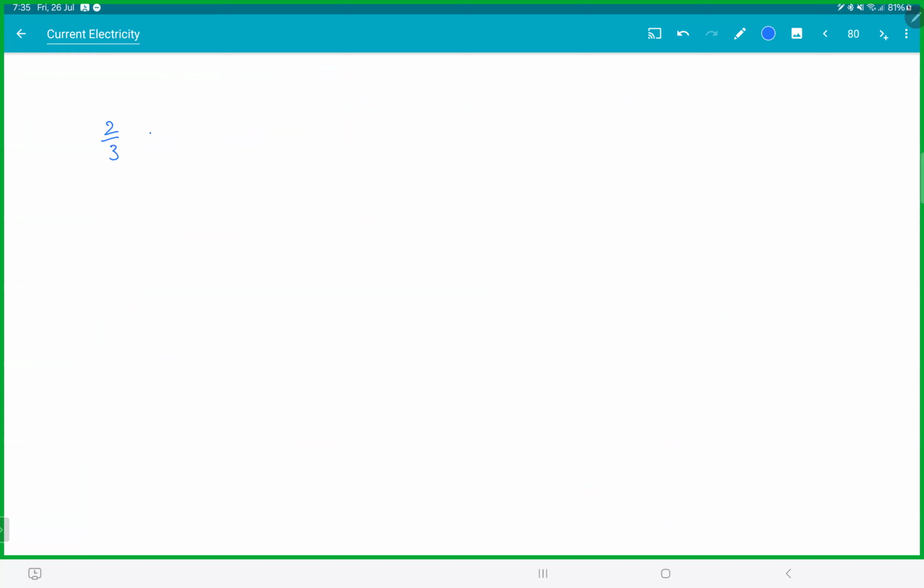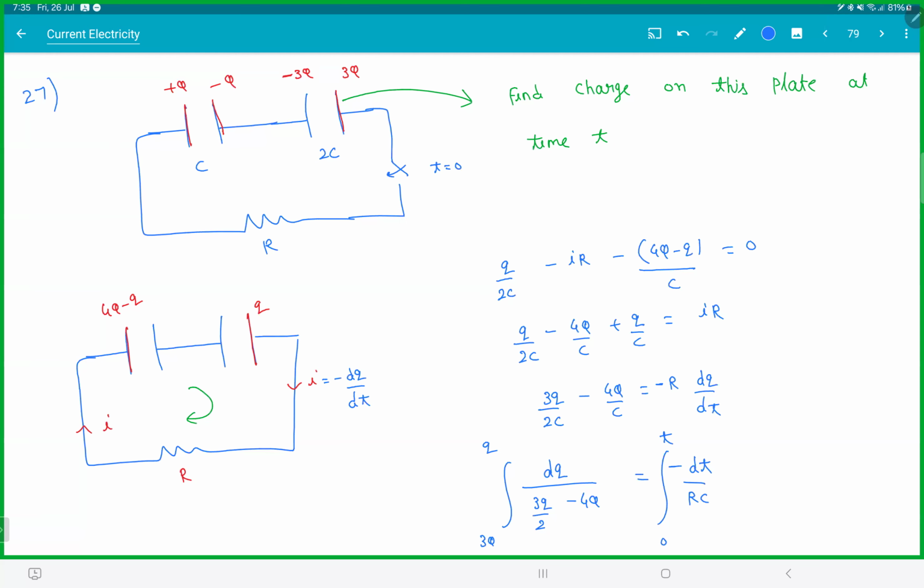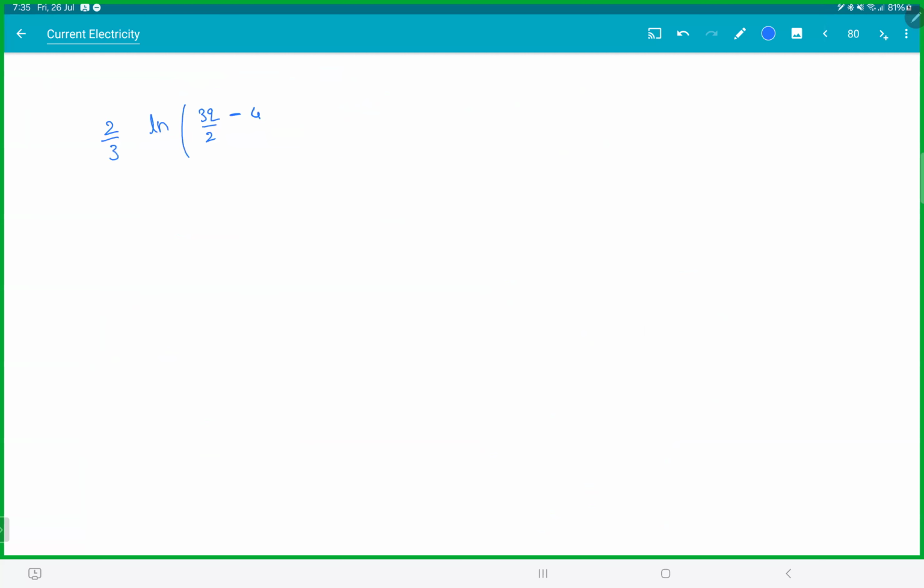2 by 3 ln of 3q by 2 minus 4q equals minus t by RC. Three q by 2 minus 4q by 9q by 2 plus q by 2 equals e power minus 3t by 2RC.